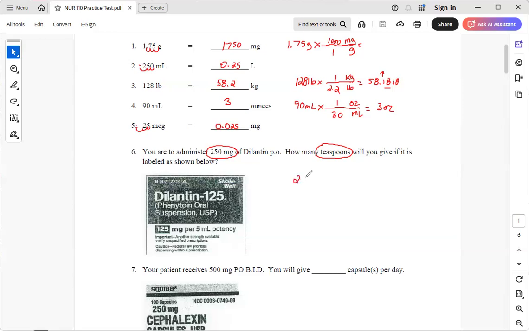All I'm going to do is take my 250 milligrams over my available 125 milligrams, and then my quantity. Instead of writing the 5 milliliters as my quantity, because I know 5 milliliters equals 1 teaspoon, I'm just going to say times 1 teaspoon. Then I get 2 teaspoons, and then you would just write 2.